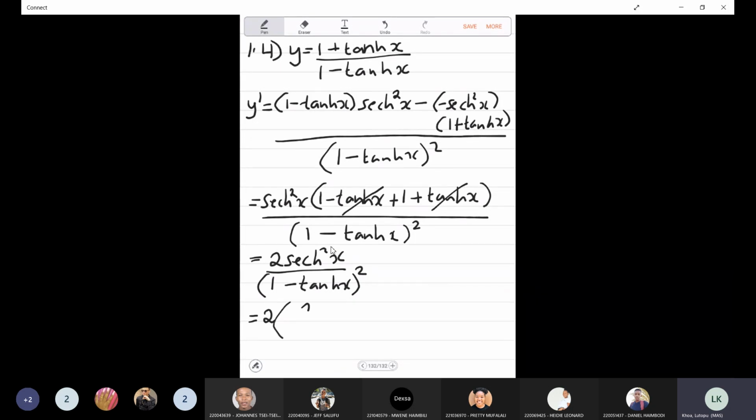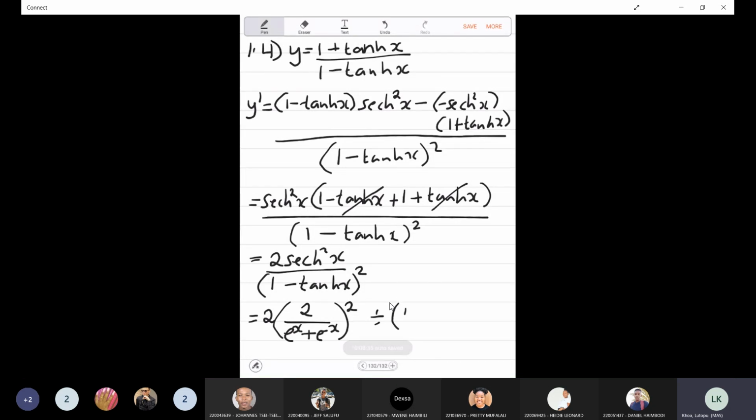So this is 2 over e to the power of x plus e to the power of minus x, squared. So that is the 2 sech squared of x. So the squared is still outside. I haven't multiplied it out. And then I'll write it as divided by this one here. So I'm splitting the fraction and using the division symbol.